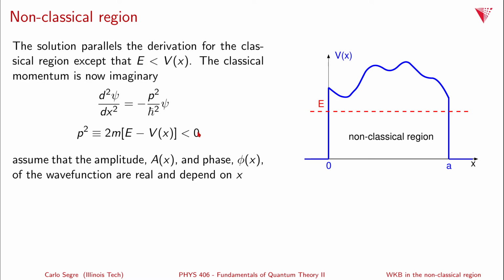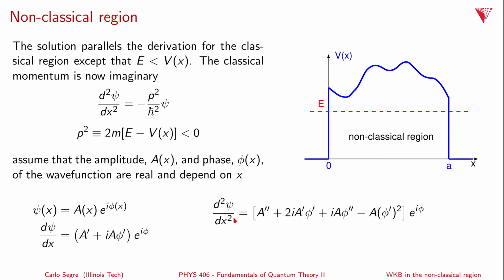So we assume that the amplitude, again like before, the amplitude A of x and phase phi of x in our wave function are real and depend on x. So psi of x is equal to A of x e to the i phi of x. d psi dx, the first derivative, is A prime plus i A phi prime, times e to the i phi.